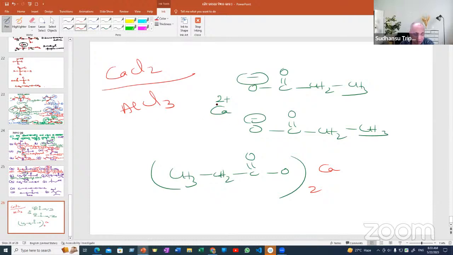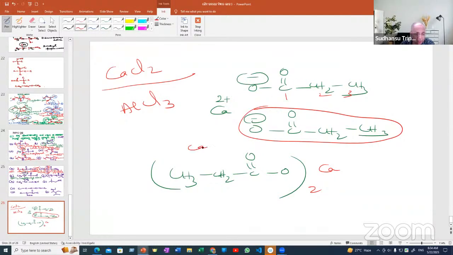Therefore, you will tell calcium propanoate 1, 2, 3. Only one alkanoate is numbered, the other one is ignored because 2 times it comes only for calcium. Had it been potassium, 1 time it would have come.